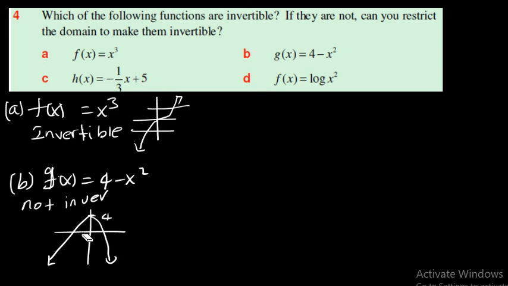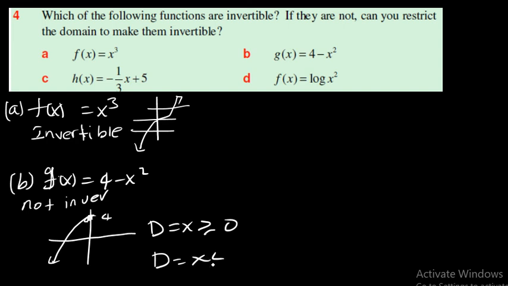That means we need to remove one of the wings. The domain must be x greater than or equal to 0. This is one way. Another way, the domain must be less than or equal to 0. We can keep this wing and remove the other. That means the domain must be x less than or equal to 0.